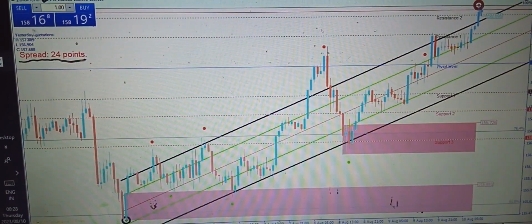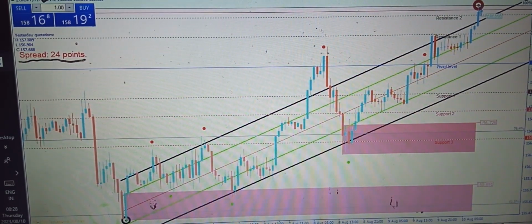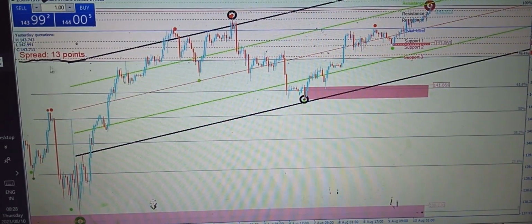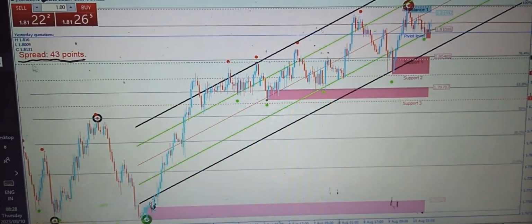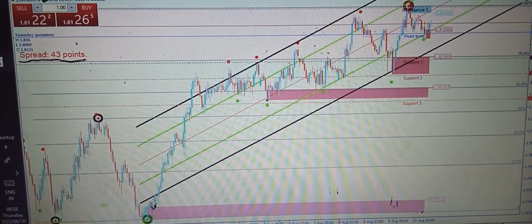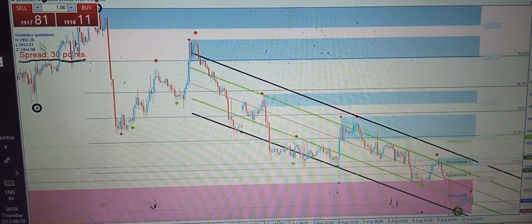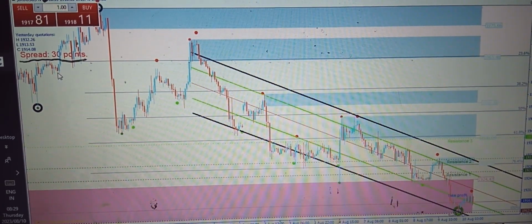Euro GBP is only 24 points. So you can see why currencies are not as volatile as indices. USD JPY is only 13 points, Euro NZD is only 43 points, and gold is 30 points. So that is the difference between the markets.